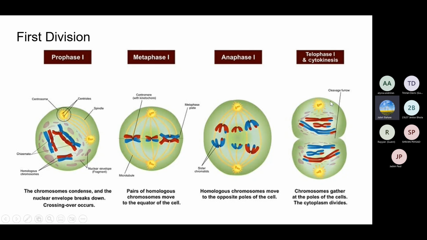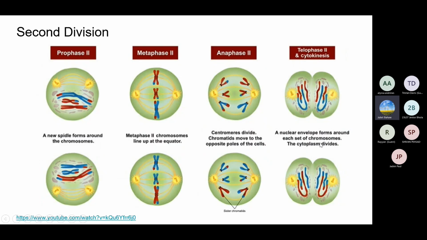So here the cell is going to split into 2. And in this aspect, you're still going to have that diploid number of chromosomes, and then in the next division it is going to halve. Right? So here we have the chromosomes, both on the opposites. They have divided. You have 2 cells being formed.